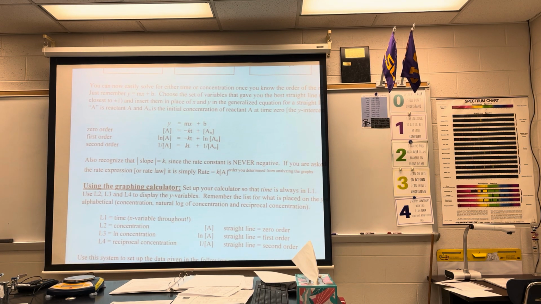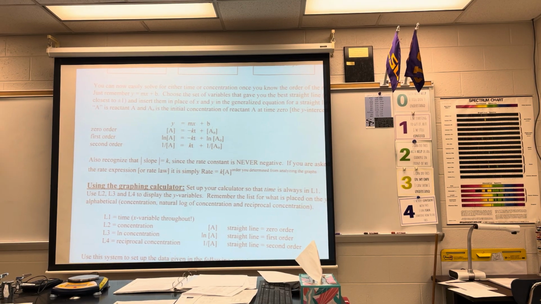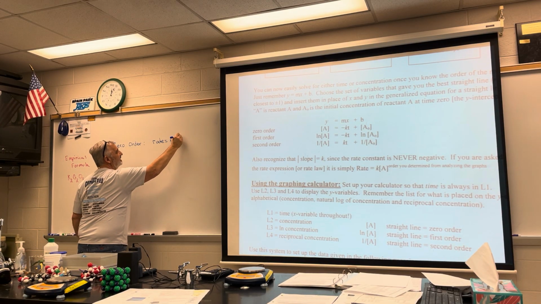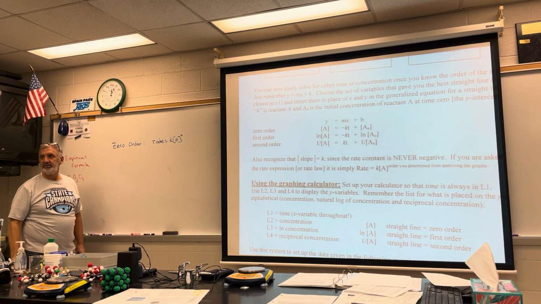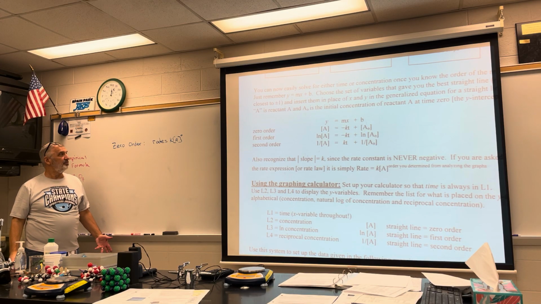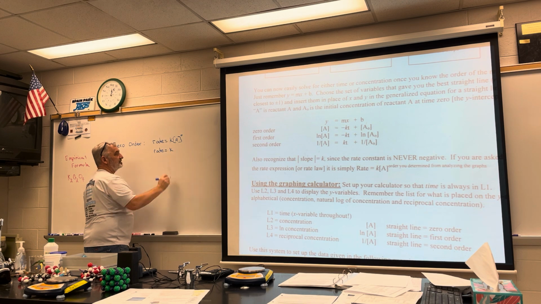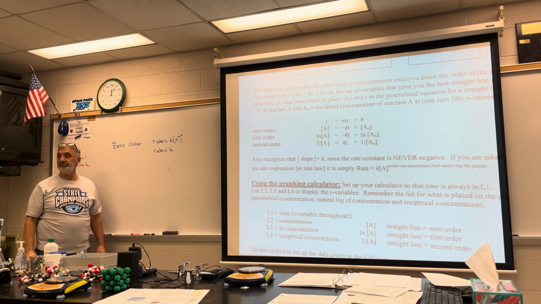If we have a zero order, okay, that means that in a zero order, rate is going to equal K times the concentration of reactant A to the 0 power. Which means the rate is equal to K, or K equals the rate.